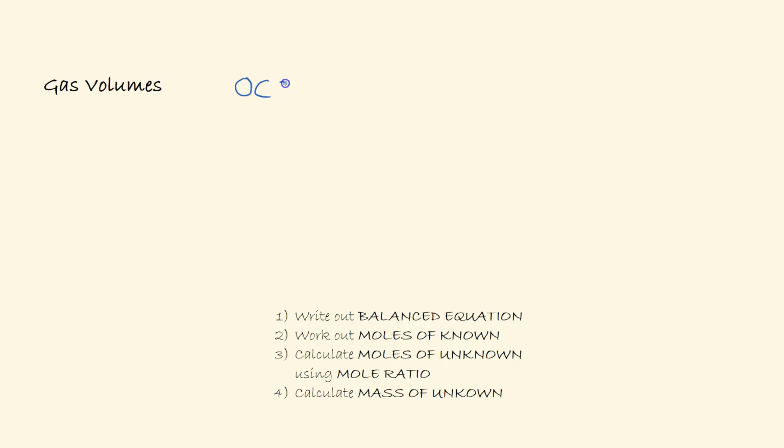So that would mean that 1 mole of gas is going to occupy the same volume as 1 mole of any other gas. So this is the same for all gases at room temperature.